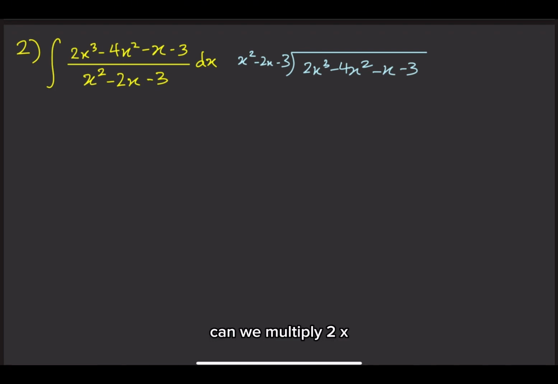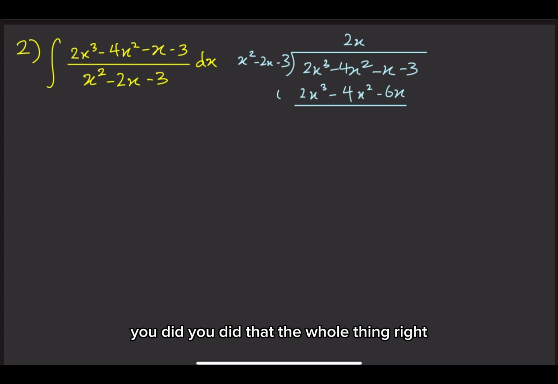Can we multiply by 2x? Yes, we can. So we get 2x, and we get 2x cubed minus 4x squared minus 6x. And then you deduct the whole thing.